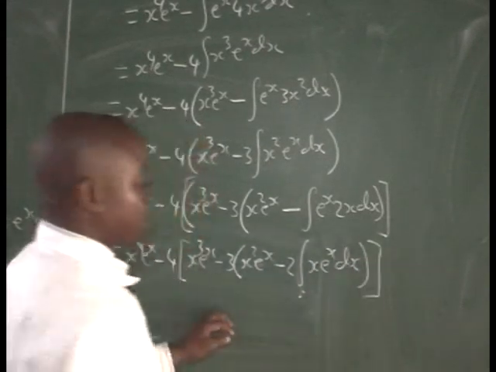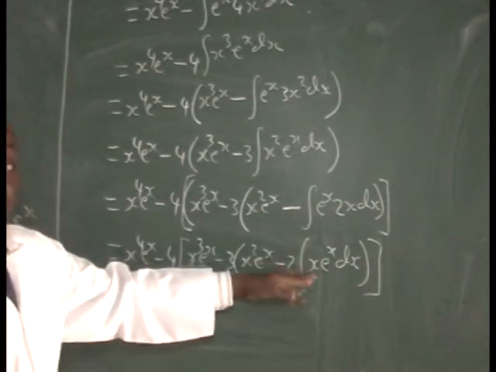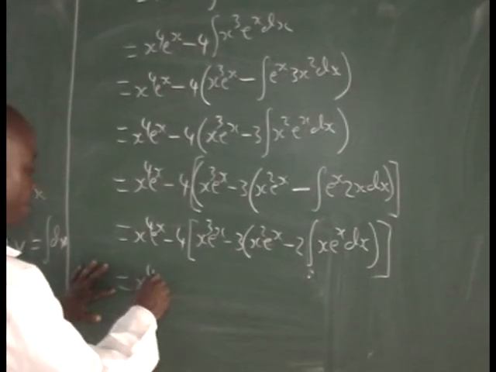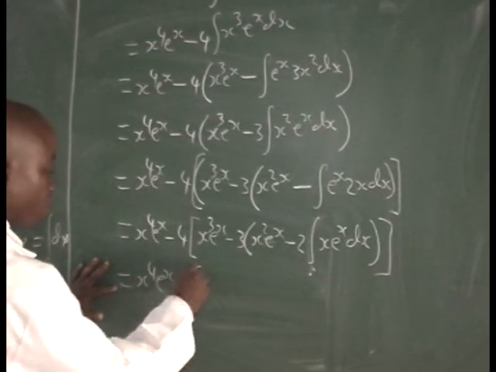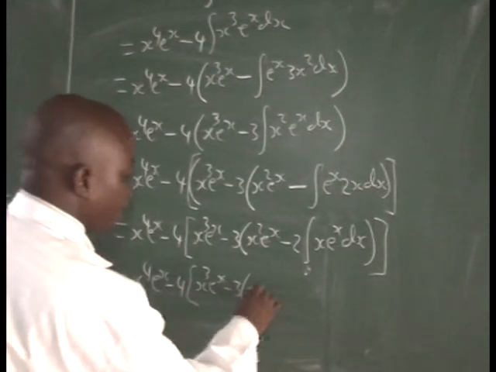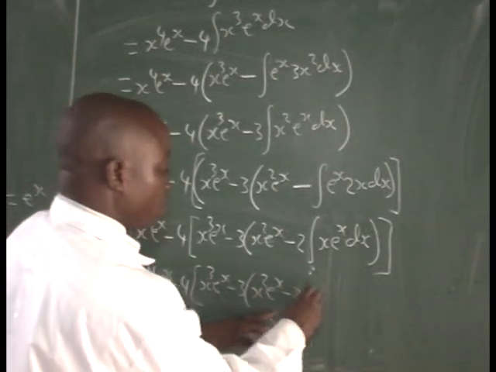Look at that. So you can see how we integrate and reduce to reach here. So we are still going. We want to integrate this again. We have x raised to the power 4 exponential x minus 4, x cubed exponential x minus 3, x squared exponential x minus 2.